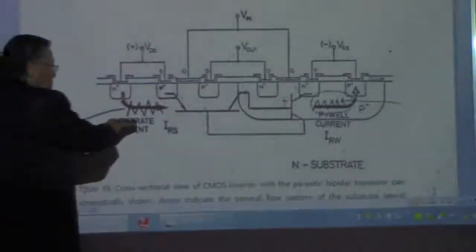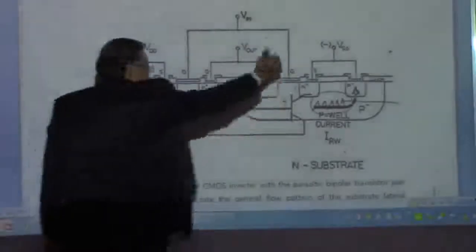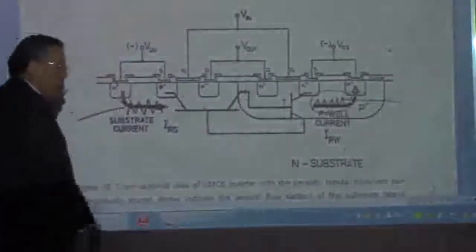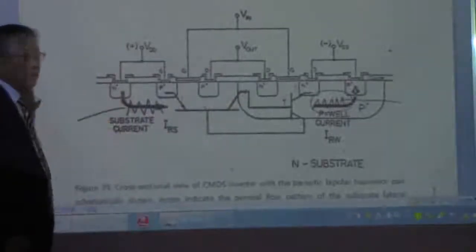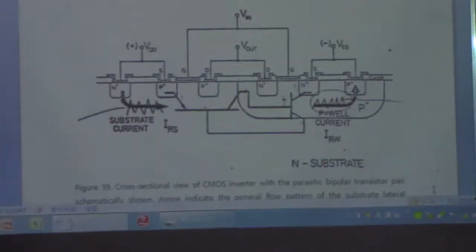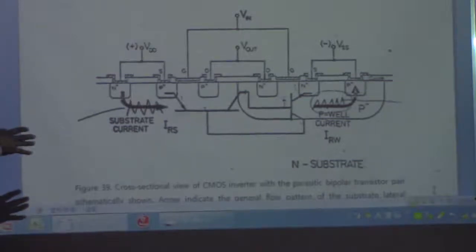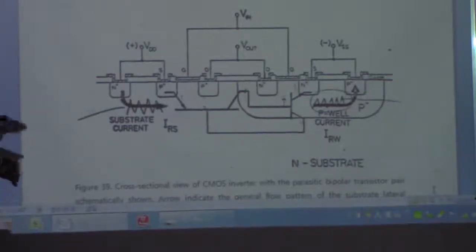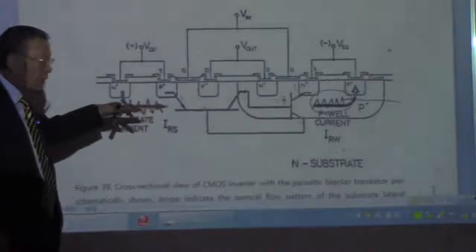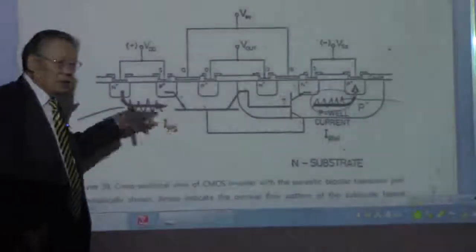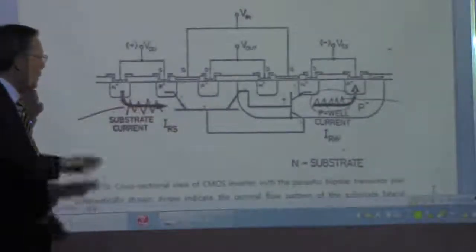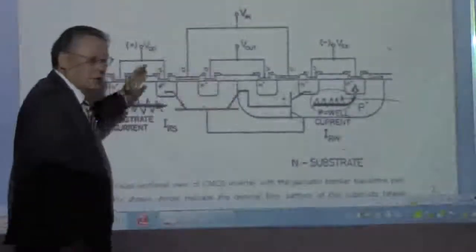So you have a lateral bipolar transistor and a vertical bipolar transistor, connected in this fashion if there is a current. And we're going to discuss how this current can be triggered. We do not want it, but it's going to be triggered in some operating conditions of this inverter.